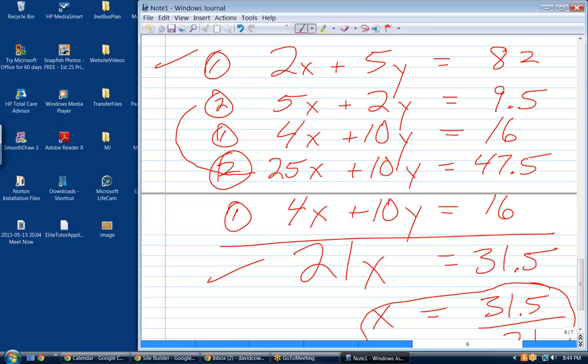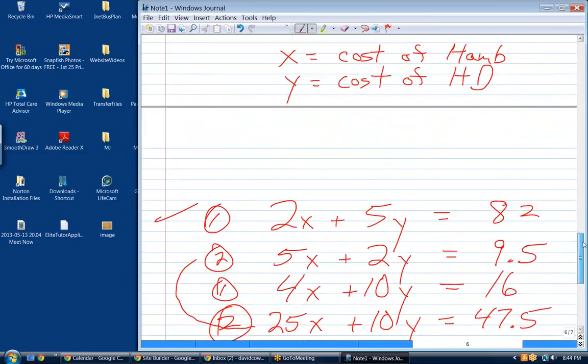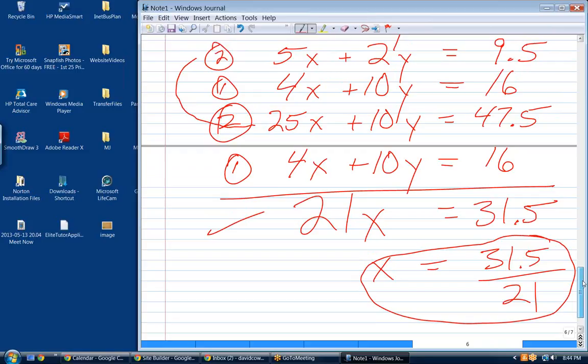Now, there is a problem here. Oh no, there was no problem. I was thinking that because we have a fraction here, all that means is our cost for a hamburger is like $1.50.